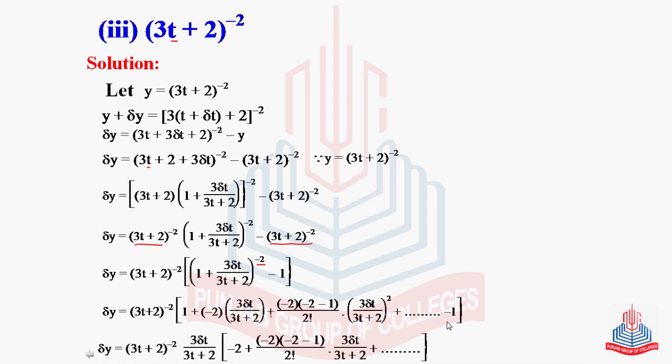Now delta y = (3t + 2)^(-2). This 1 and minus 1 will be cancelled out, and 3 delta t over 3t + 2 will become a common factor from the remaining portion, and we have left minus 2 plus (-2)(-2 - 1) over 2 factorial, 3 delta t over 3t + 2, and so on.